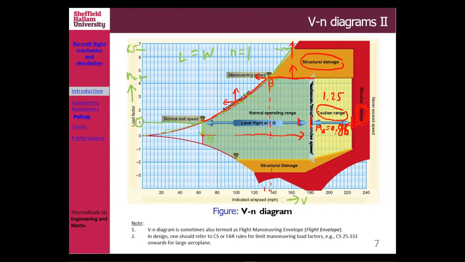If your aircraft is composite, then internal damage may happen as well. So operations above the limit load, in this red zone here, must be avoided at all costs in normal operations.